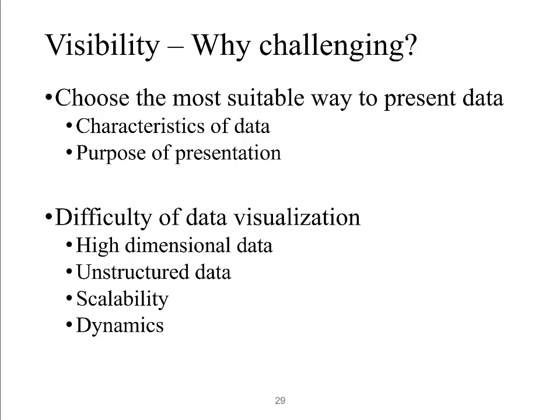Then we need to decide what to present or how to present. It depends on the purpose of the presentation. For example, we use a word cloud to present the frequency of the terms, to vividly see the importance of the words.